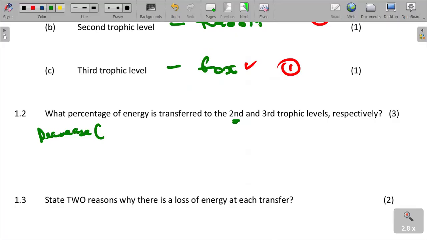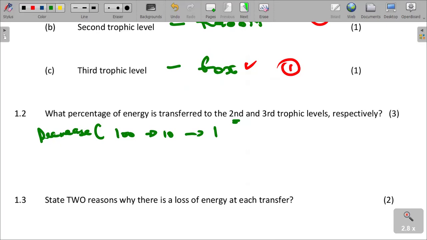There is a decrease that is shown according to our graph. So that decrease, what is happening? We are seeing 100 to 10 to 1. So what we are seeing here is that there is a decrease in energy.